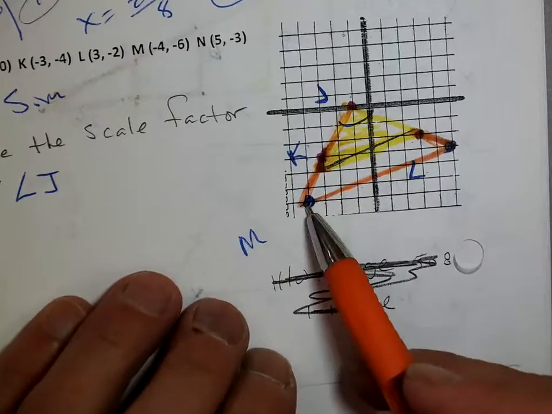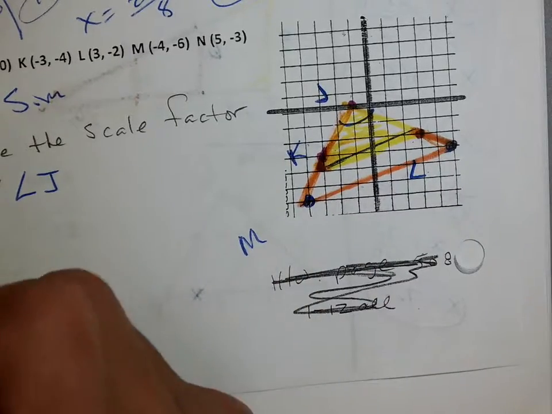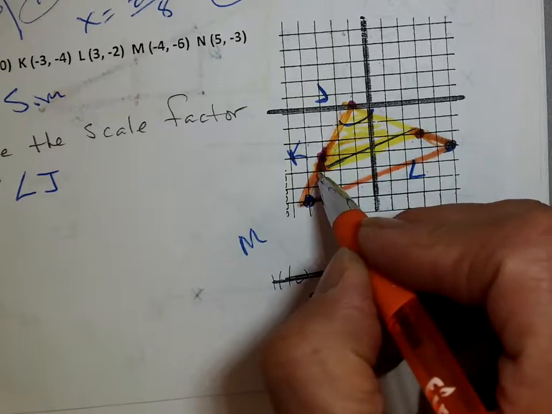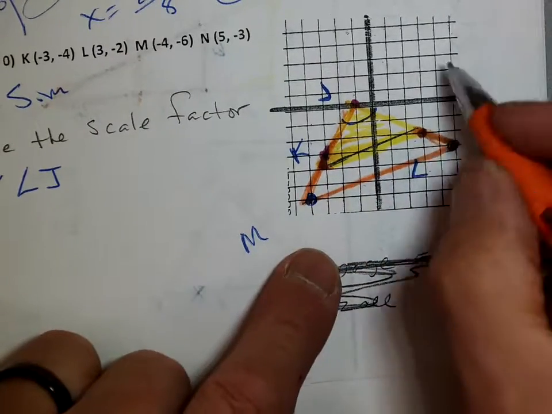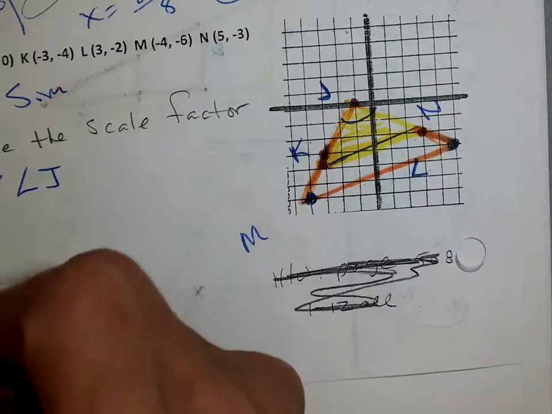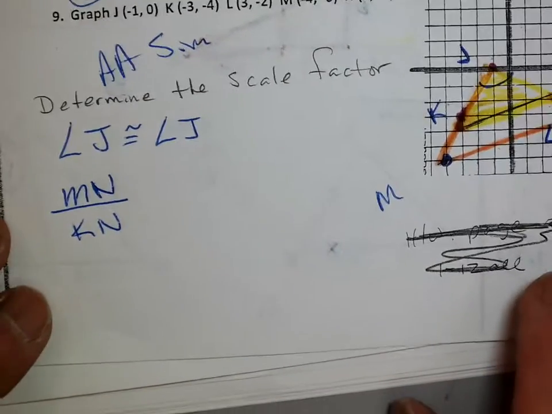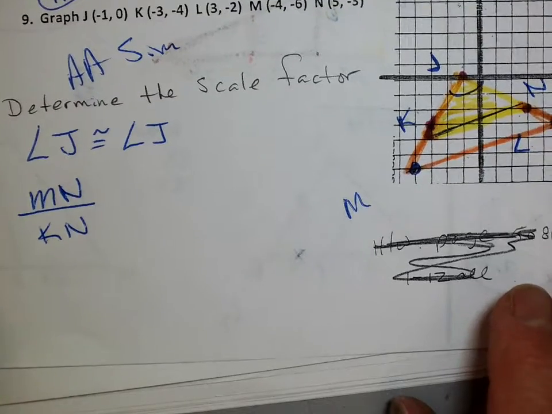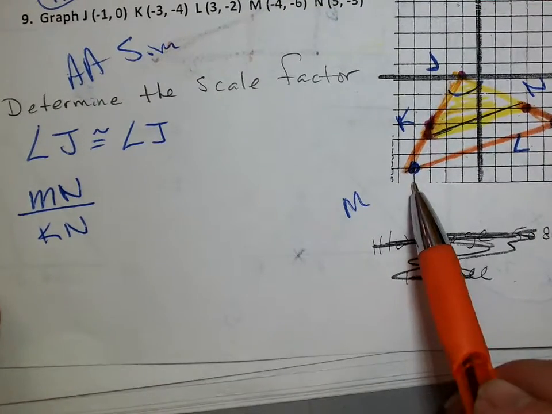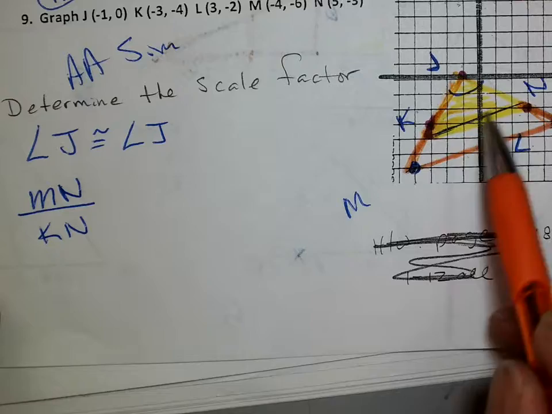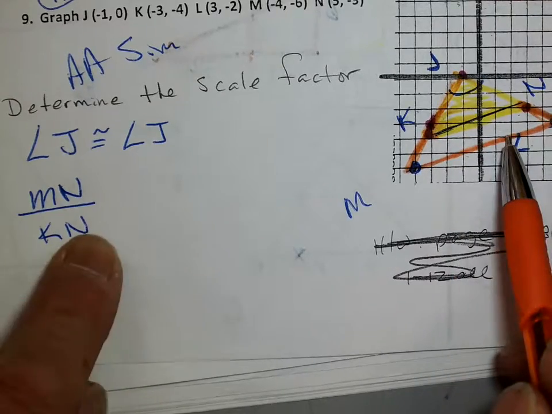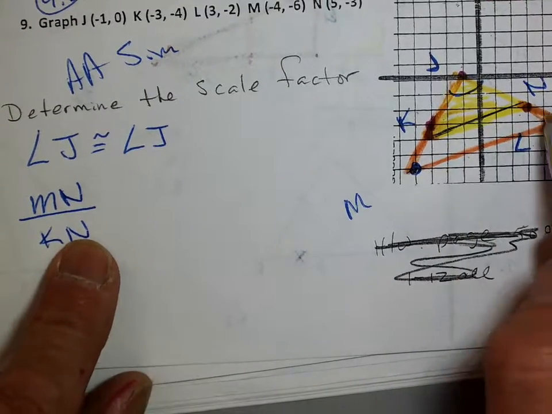If I could find the length of MN, and if I could find the length of KN, right? Okay, here, this is the hard one, but we can do it. All right, let's see if I can describe. So if I know the length of KN, and if I know the length of ML, is this L?